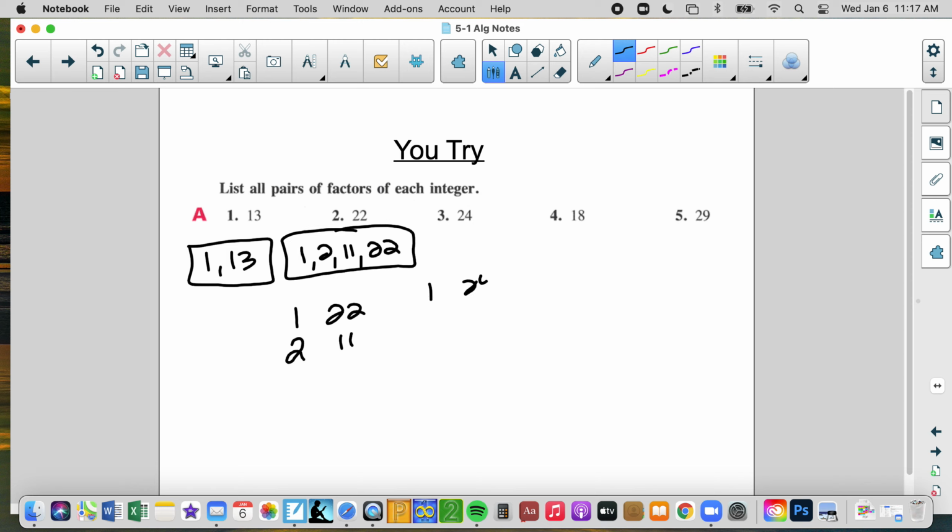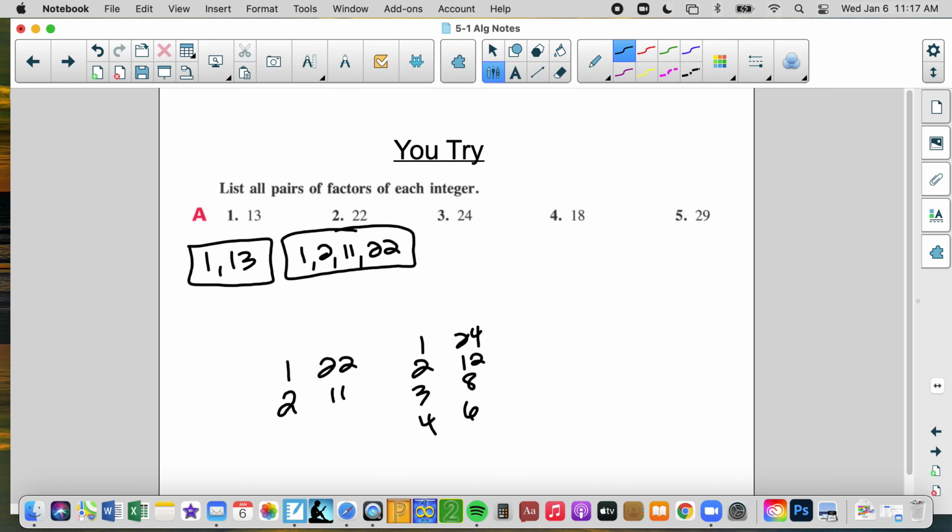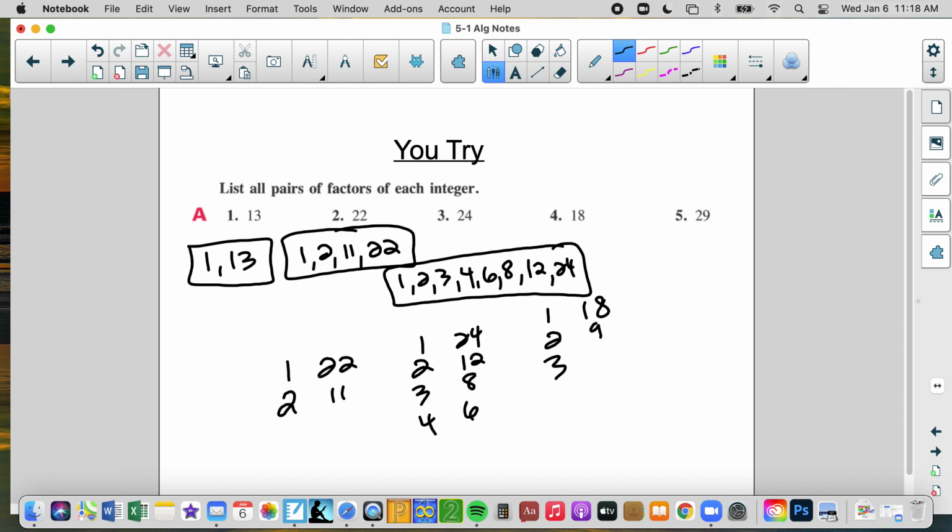24, I'm going to do 1 and 24, 2 and 12, 3 and 8, 4 and 6. 5 doesn't go into it. So I have my list of factors, and I'm going to write them in numerical order using commas to separate my answers. 18, so 1 and 18, 2 and 9, 3 and 6, 4 doesn't go into 18, 5 doesn't go into 18, and then you notice that I'm around the horn.